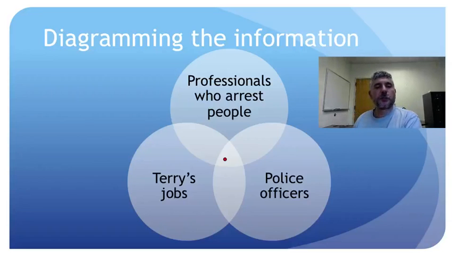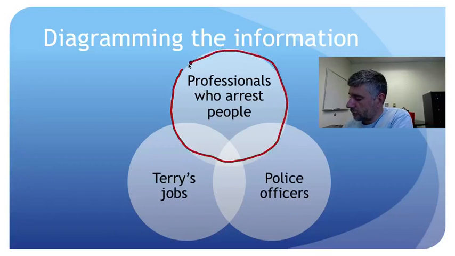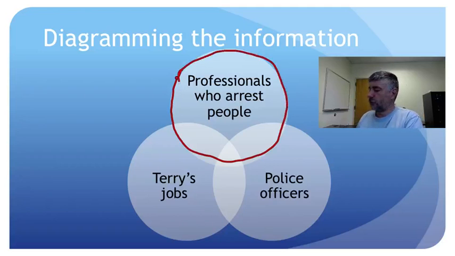let's consider. Premise 1 tells us that Terry's jobs includes a job in which she arrests people, right? So at least one of Terry's jobs has to be in this circle, because whatever else it is that Terry does, she has a job in which she arrests people, so at least one of her jobs must be in this circle.